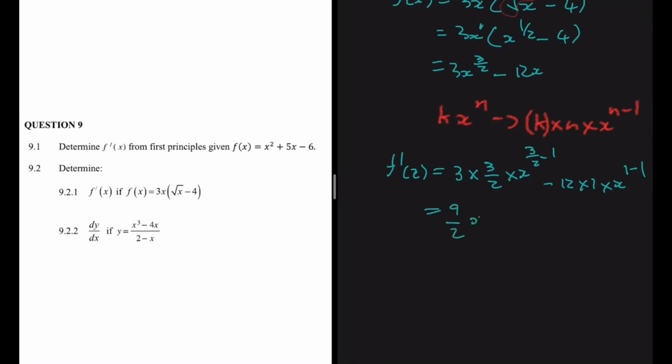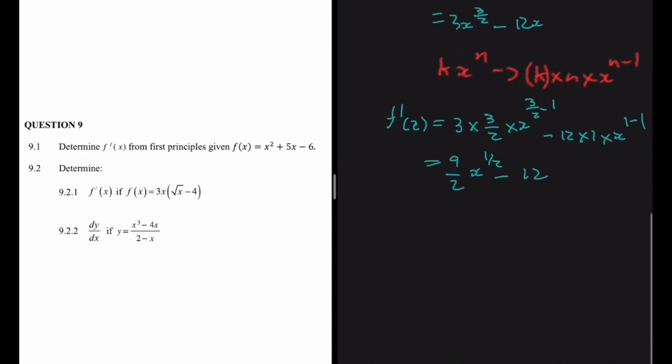And then now we have x to the power 3 divided by 2 minus 1, so that will be a half. And then minus, we have x to the power 1 minus 1. Any number to the power 0 is 1, right? So we're just going to get minus 12. And that looks like we have solved our problem.